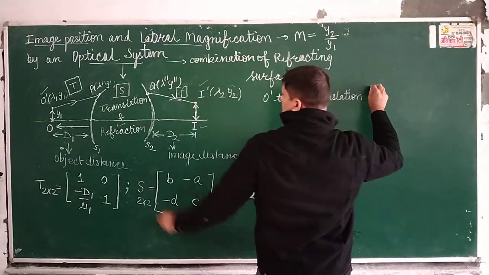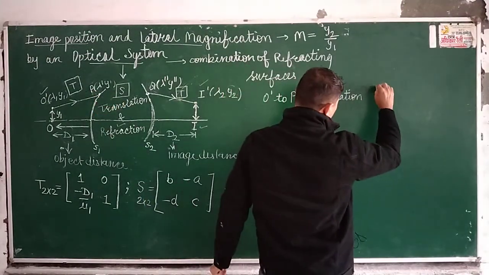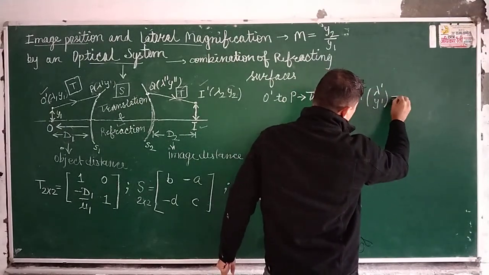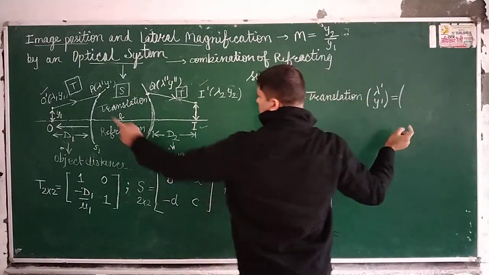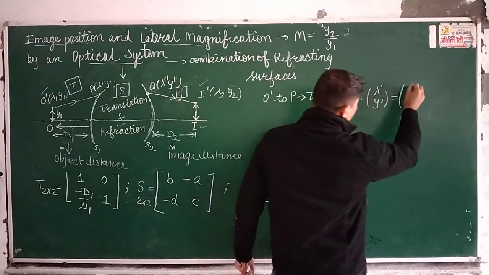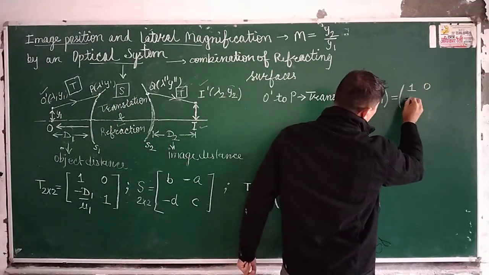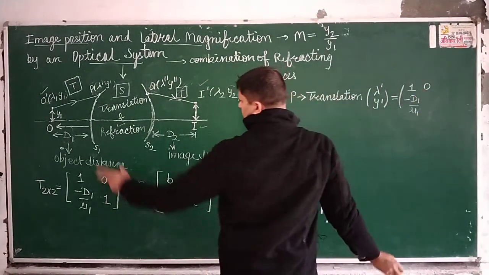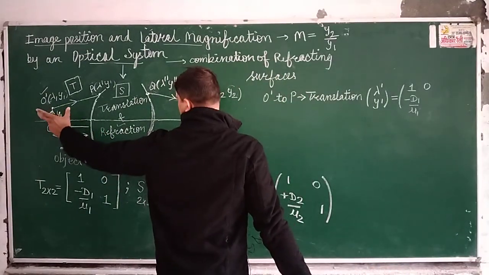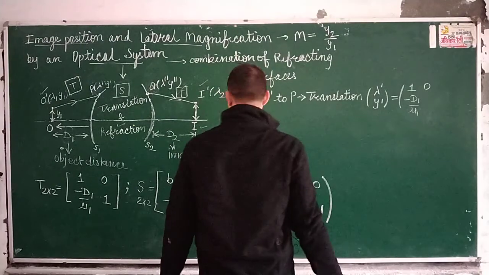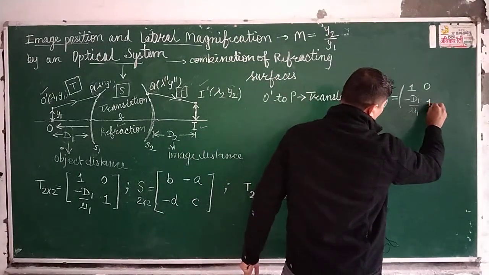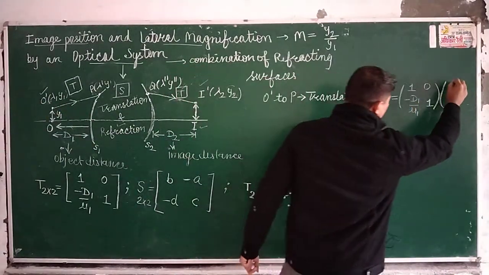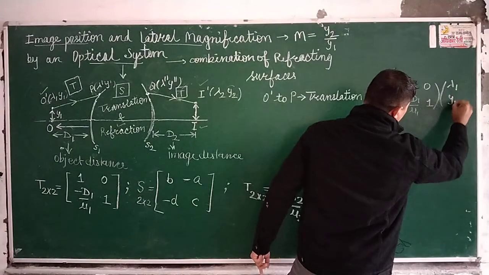The optical coordinates of point P are lambda dash and y dash. This will be equal to a 2 cross 2 translation matrix, which is 1 0 minus d1 by the refractive index of this object space, and 1, and then we have the optical coordinates of the object point, that is lambda 1 and y1.